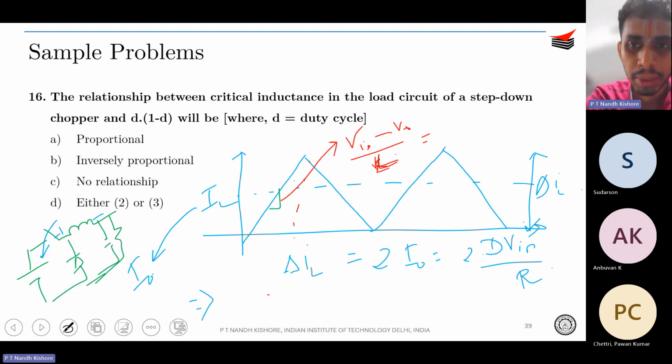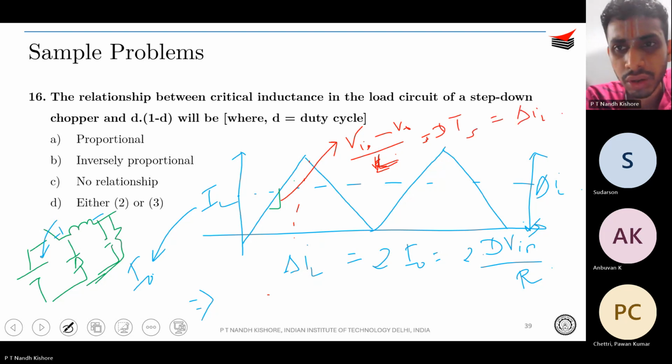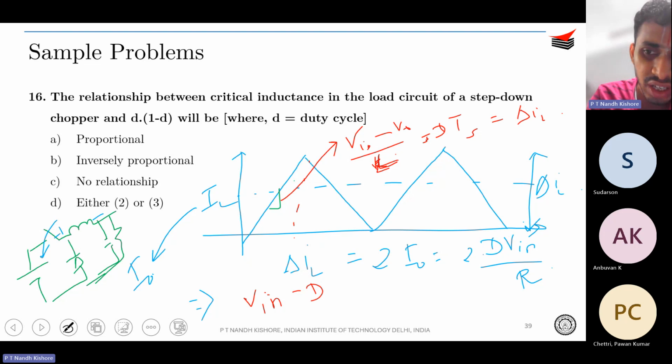So this multiplied by dTs is going to give you your delta IL. So V in minus V naught is D times V in divided by L into dTs is equal to 2 dV in by R.